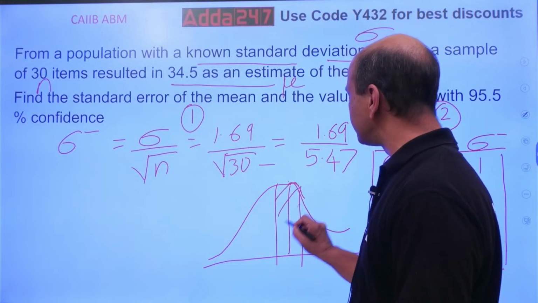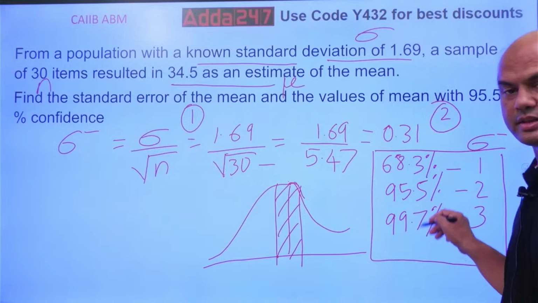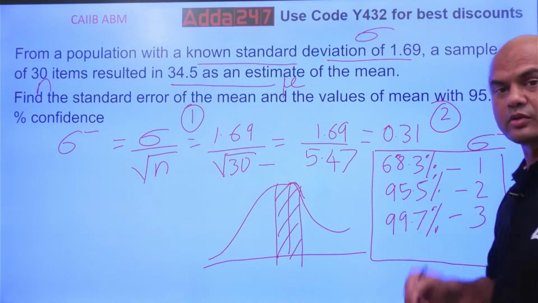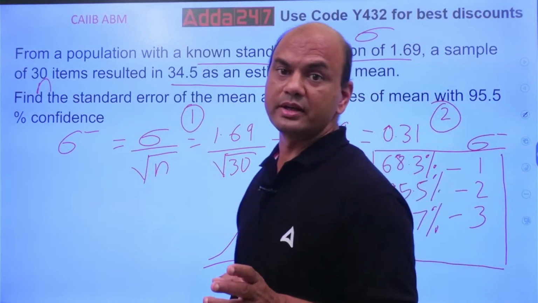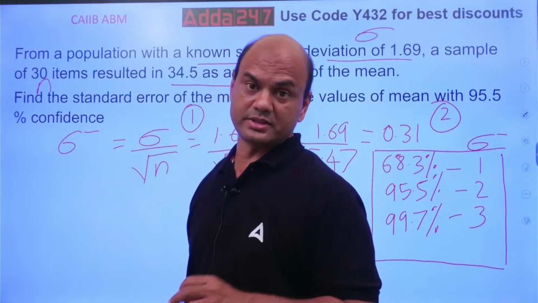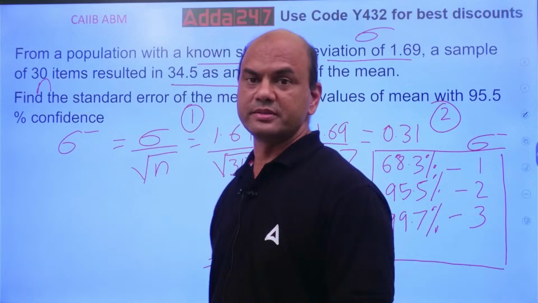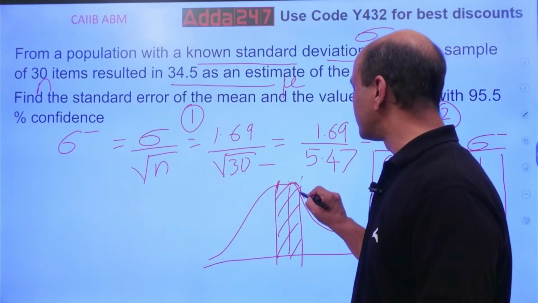So the more you have the standard error, kindly note, the more you have the confidence level, you have less accuracy. It's reverse. The more you have the confidence level, the less accuracy. The less you have the confidence level, the more accuracy. When I say one standard error, I am talking from year to year.